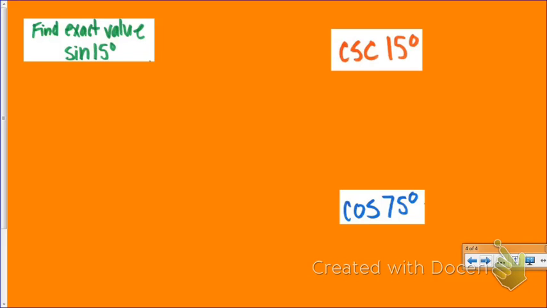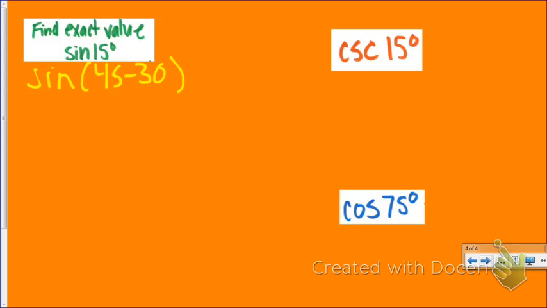I have been able to figure out the exact values for 0, 30, 45, 60, and 90, and those equivalent reference angles. But something like 15 I haven't been able to find until now. But now I can, because I know that 15 degrees is the same thing as 45 minus 30. And I know the exact values of the sine of 45 degrees and the sine and cosine of 30 degrees.